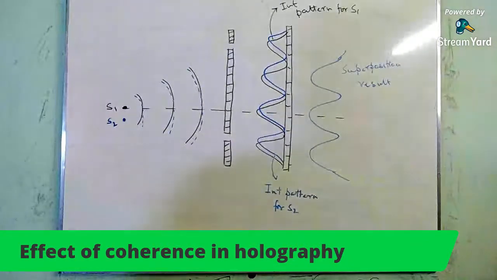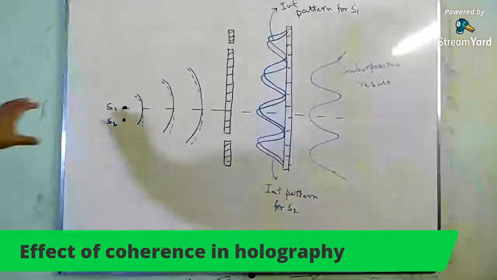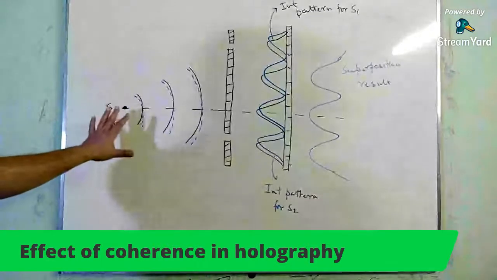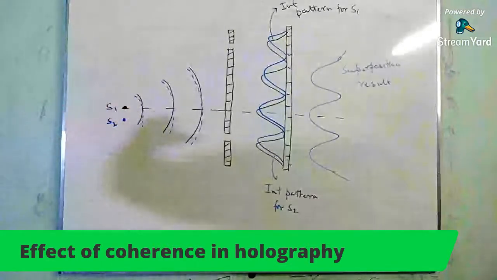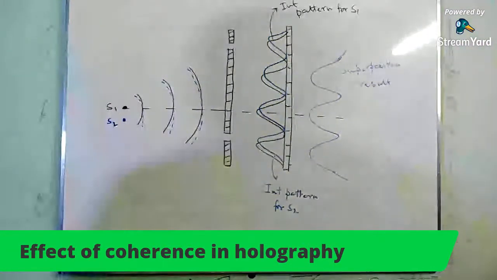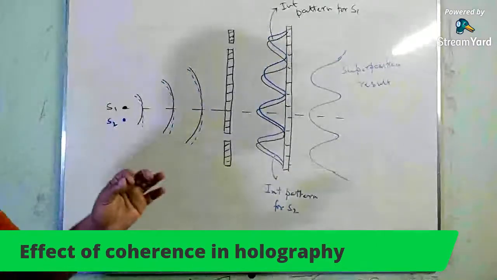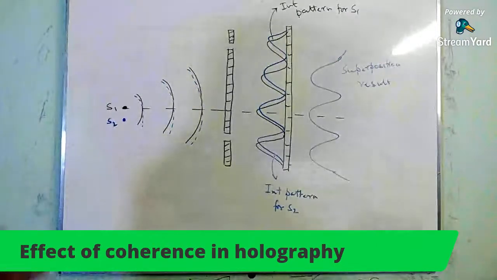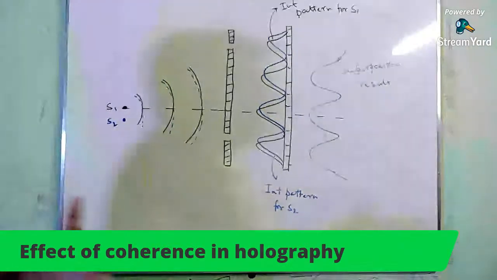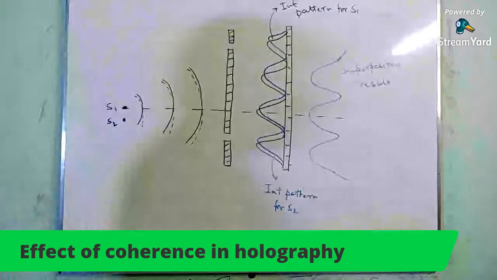So in spatial coherence, actually this is not a point source, this is an extended light source, consisting of two identical single wavelength light sources, and they are separated spatially. Okay, here I have used the black color for S1 and the blue color for S2.